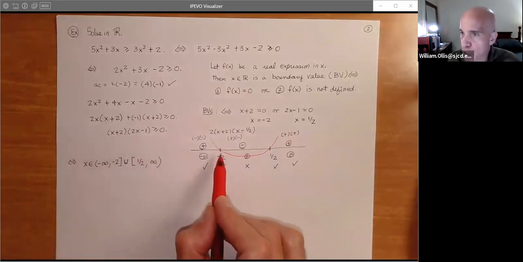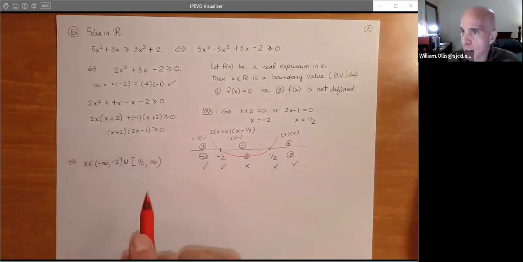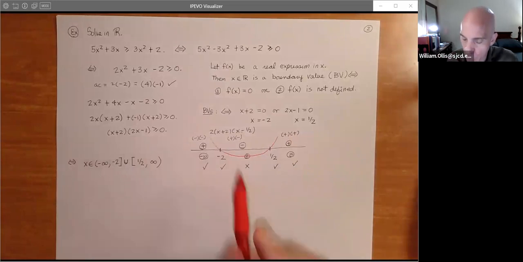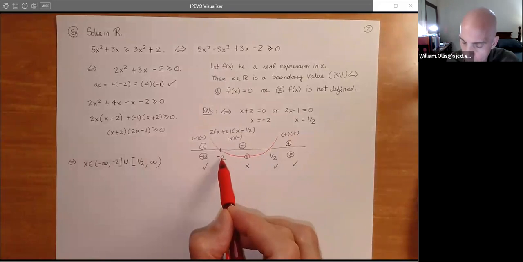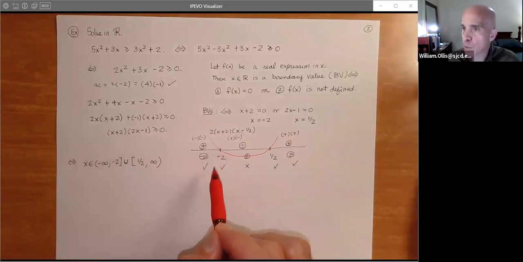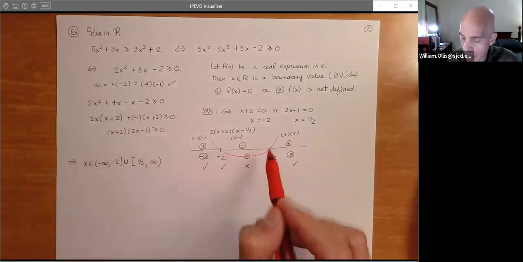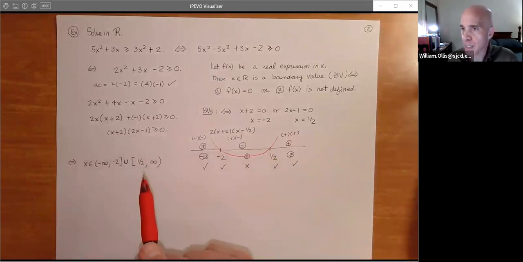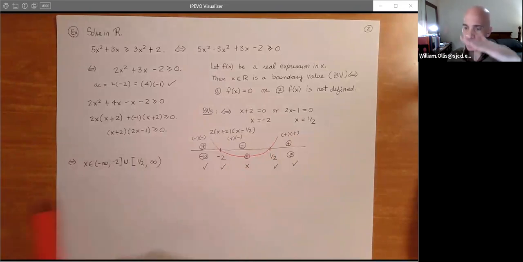So the sign must change at these numbers, at least in terms of a small neighborhood. So when you think about a neighborhood of -2, the sign will have to change on either side of that number. Likewise here, because the multiplicities are 1, that is an odd number. There's no way that you can hit the axis and then bounce back up.